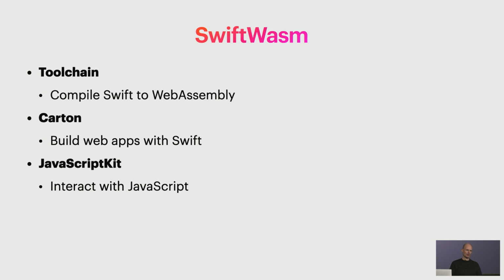And of course, if you're going to be building web apps, you also need to interact with JavaScript, unfortunately, sooner or later, sooner rather than later. But that's what JavaScript Kit is for. So that's a framework that lets you interoperate between JavaScript and Swift. And then finally, SwiftWasm also provides WasmKit, which is the runtime I mentioned before, a runtime written in Swift that you can integrate into your Swift apps.